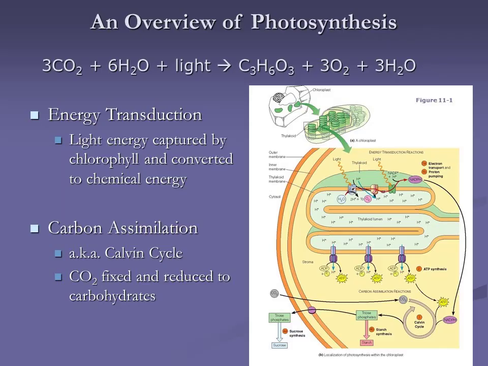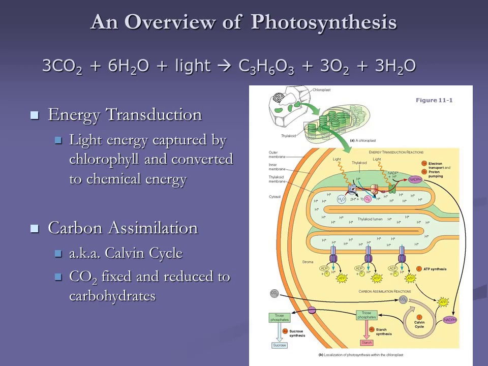So as we look globally at photosynthesis, we take 3 CO2 molecules, water, energy we obtain from light, and we're going to put those carbons together, assemble them into a 3-carbon molecule. And so we're going to capture the light energy.